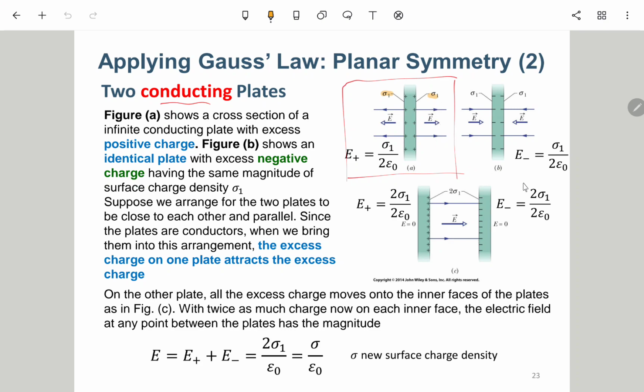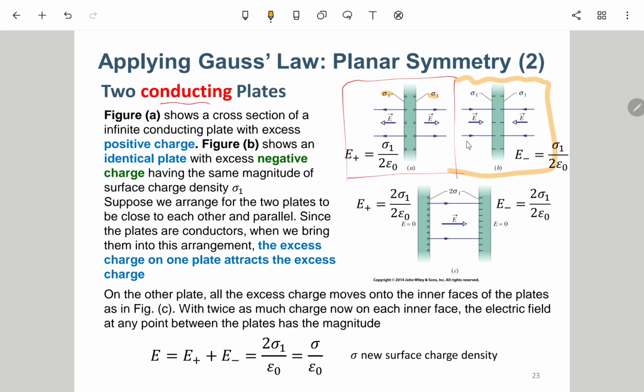Then we consider figure B. Here we have the conducting plate with negative charge of the same surface density. It is still sigma 1, but a negative charge. On the left side it is sigma 1, and on the right side also sigma 1, but negative value.